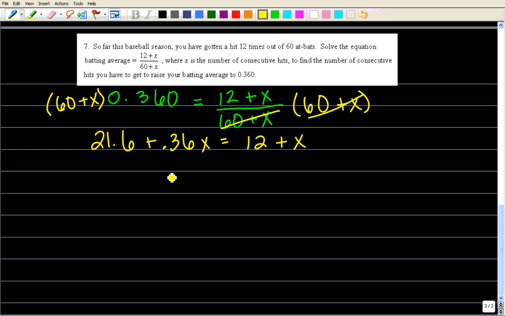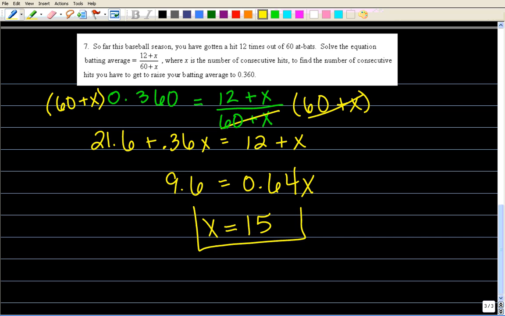And when I do, I'll get 9.6 equals 0.64x, and then divide both sides by 0.64, and x will be equal to 15. So as long as we get 15 consecutive successful hits here, our new total would be 75 at-bats, and we would have 27 successes. So there is the answer.